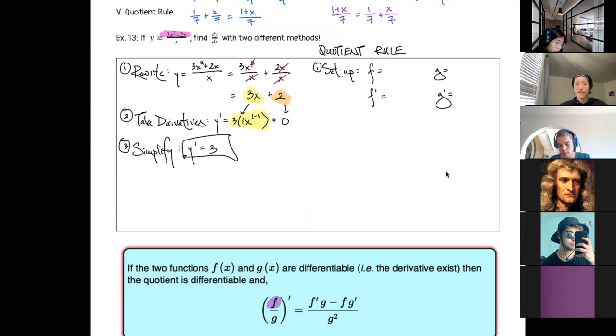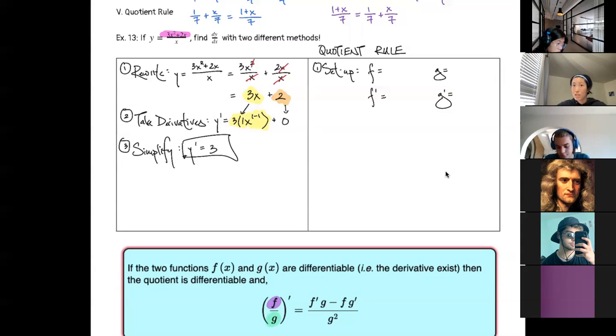So then F is 3x squared plus 2x. I think sometimes the hardest part is figuring out what the formula says and how to read it.